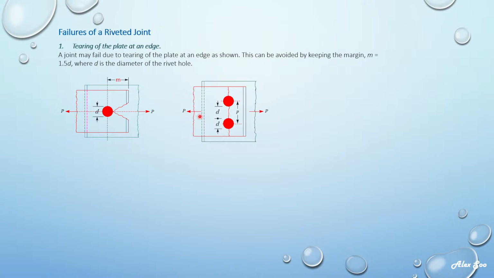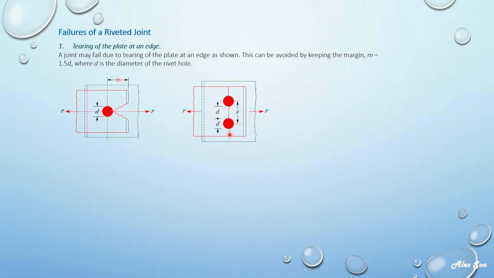If this pull or load P is increased further, or it is subjected to static load and continuous loading, it might cause the plate to tear into two sections. That is one of the failure modes of the riveted joint.